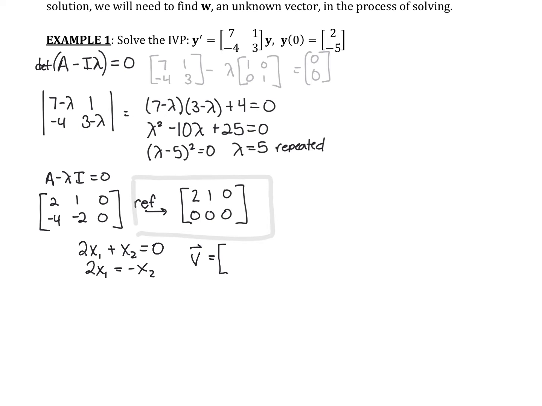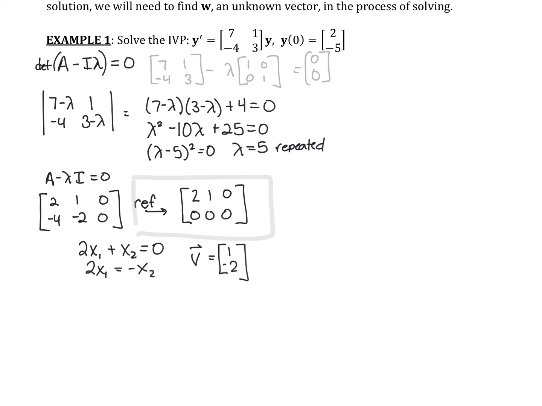Vector v could be, it doesn't really matter which one it would be, but in this case, if we let x1 be 1, then x2 would be negative 2. Yeah? Okay.